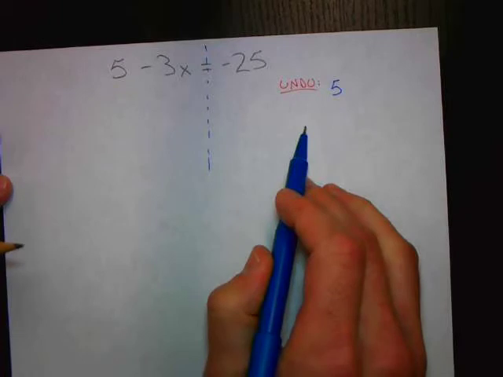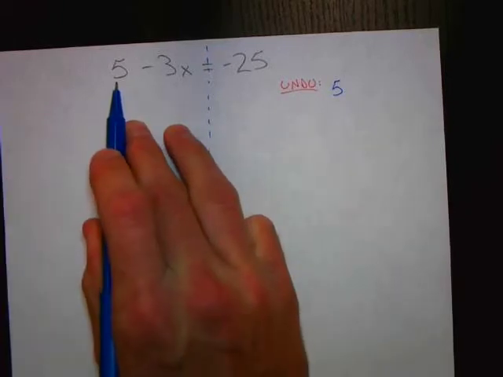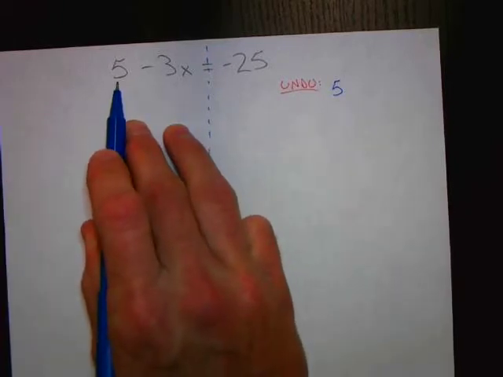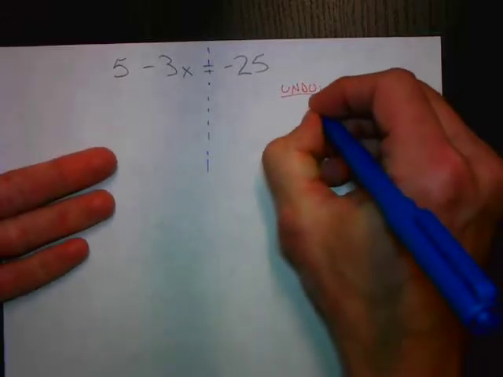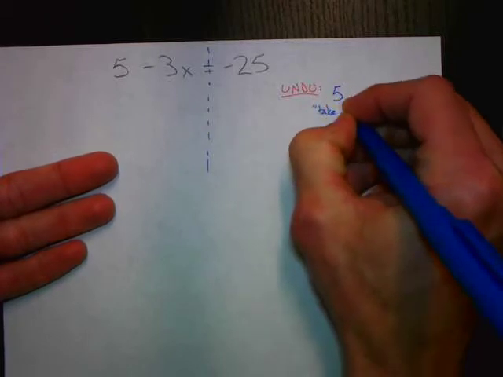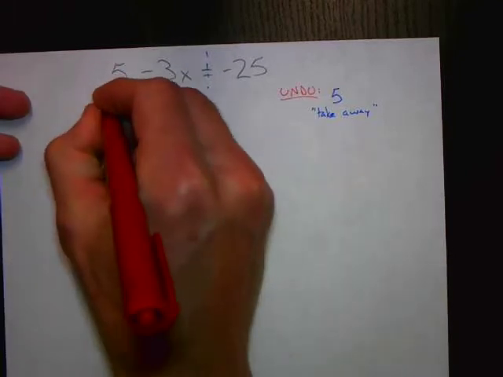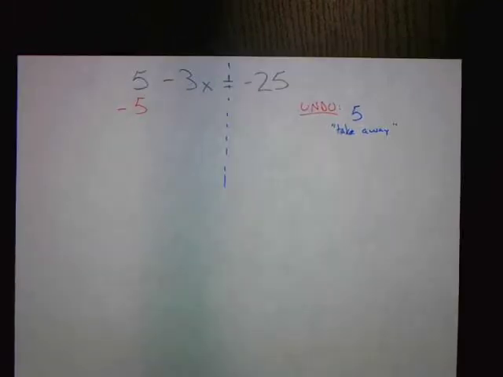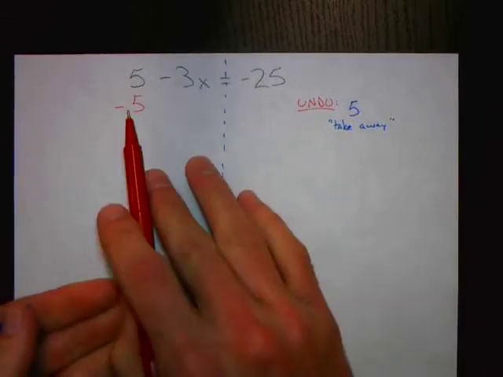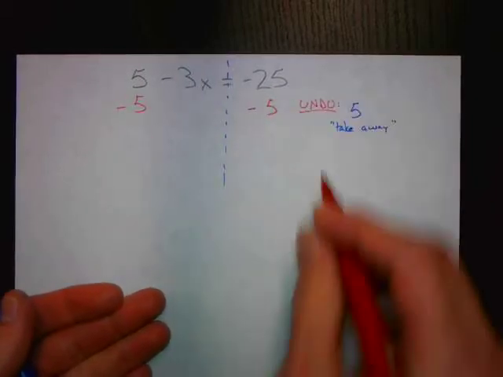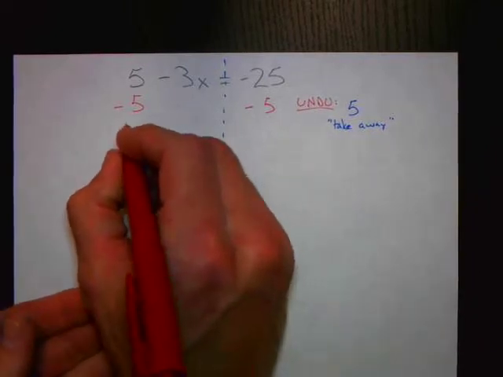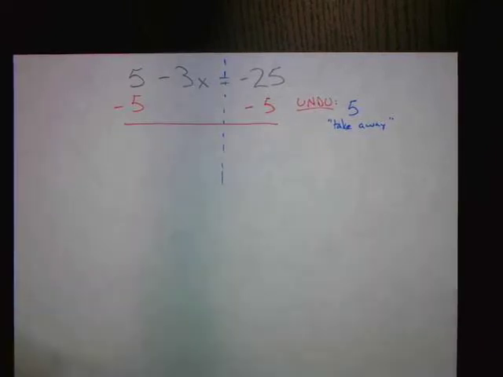And how do we undo this 5? Well, it's just a 5. So if we're going to undo it, we simply take it away. So we take away the 5 by, seriously, taking it away. Take away 5. And based on the subtraction property, addition property of equality, if we subtract 5 on the left-hand side, we have to subtract 5 on the right-hand side, and that will make our equation still valid, still balanced.